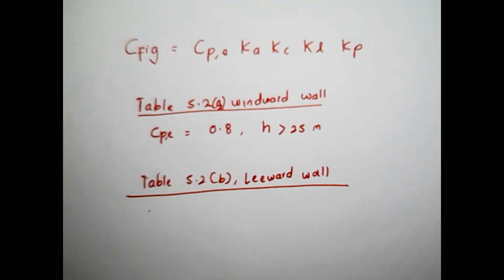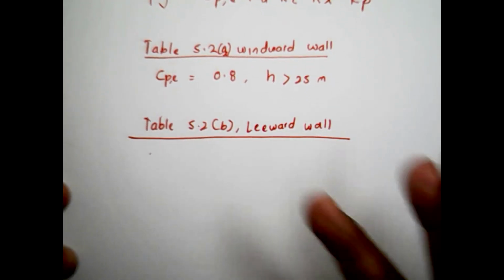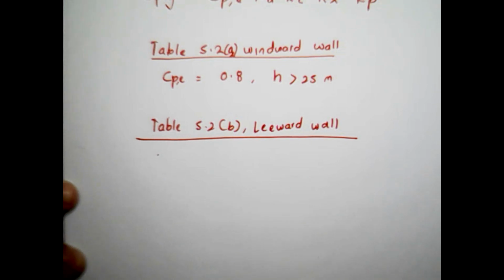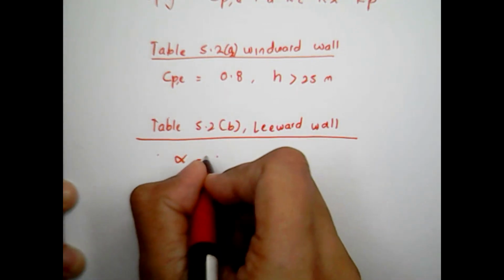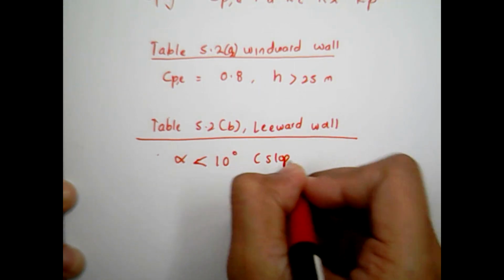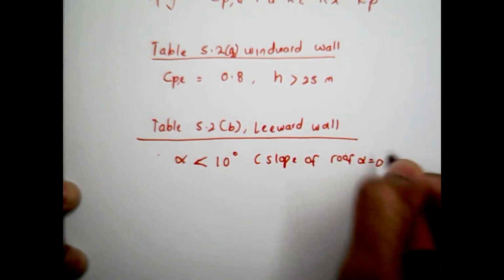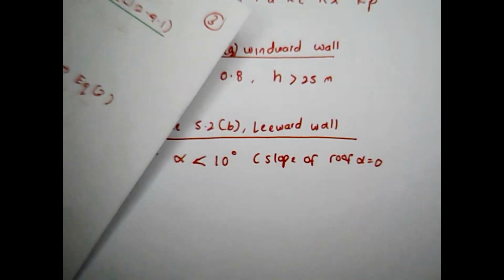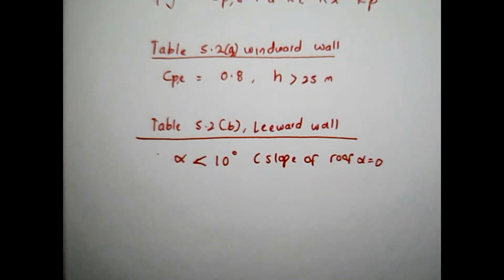Now let's calculate for the leeward wall. For our structure, the angle is less than 10 degrees, because the slope of the roof, alpha, is equal to 0. You can see our structure has no slope, as explained earlier in the previous figure.